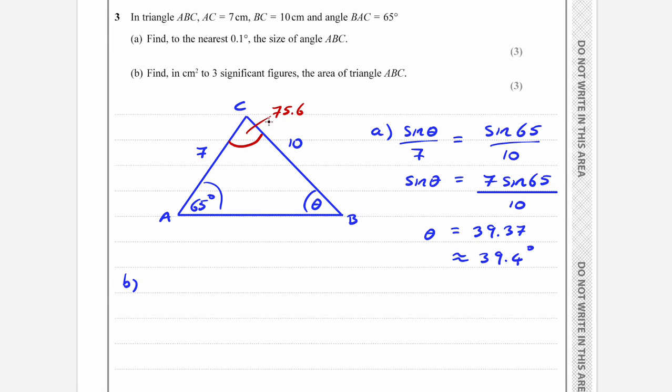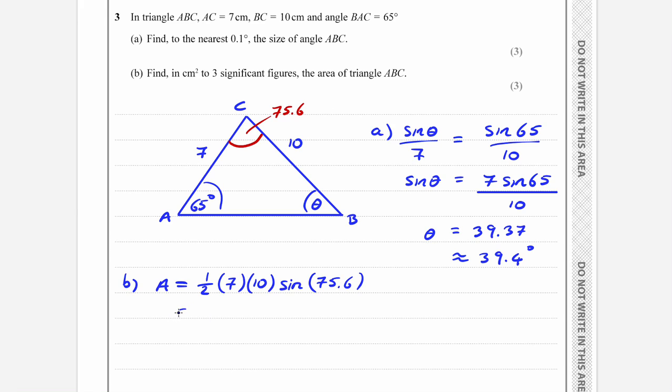So this angle here is 75.6. Now I need that angle because the area of the triangle formula involves two sides and the angle between them, hence why I'm doing that one. It is then a half AB sine C, so it's a half times 7 times 10 times sine of 75.6.